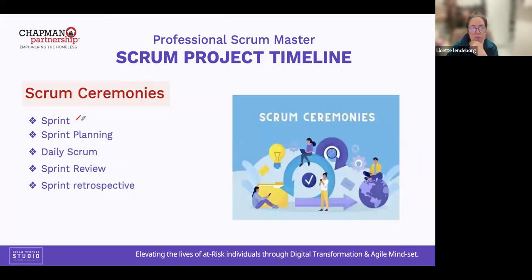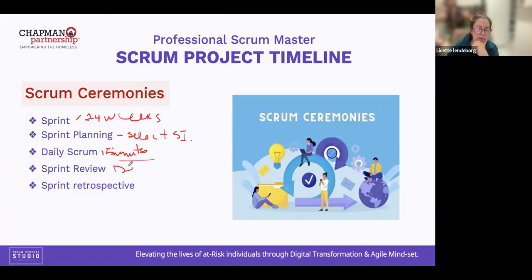Scrum ceremonies. A sprint is the cycle of delivering value, 2 to 4 weeks duration. Sprint planning is selecting sprint items. Daily Scrum is a meeting every day.